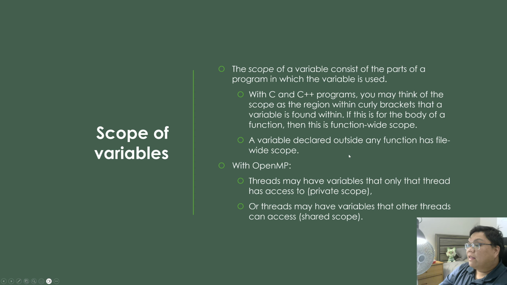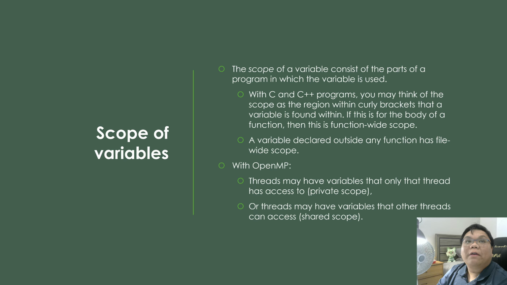If you define a variable outside the curly brackets, you might have a variable with global scope. If you've ever defined a global variable before, it's going to be some variable that is outside any region of curly brackets. So that's a variable with global scope.